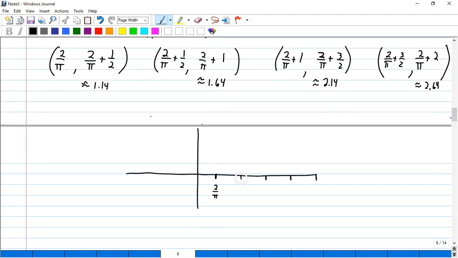Alright, so this x value right here is 2 over pi plus 1/2. This one is 2 over pi plus 1. This one is 2 over pi plus 3/2. And this last one here would be 2 over pi plus 2.